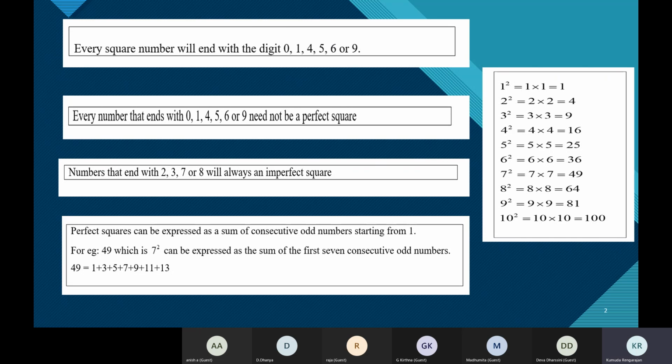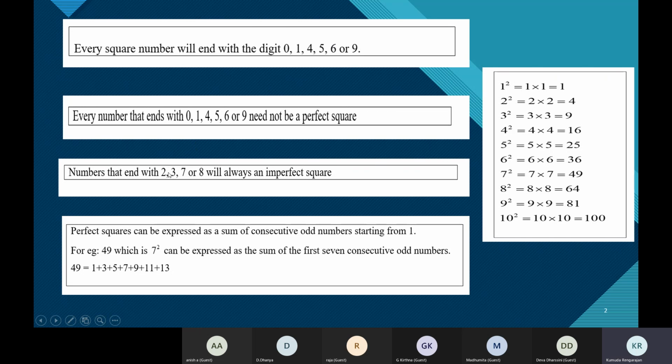But that doesn't mean that every animal that has a short tail is an elephant. It's like that.